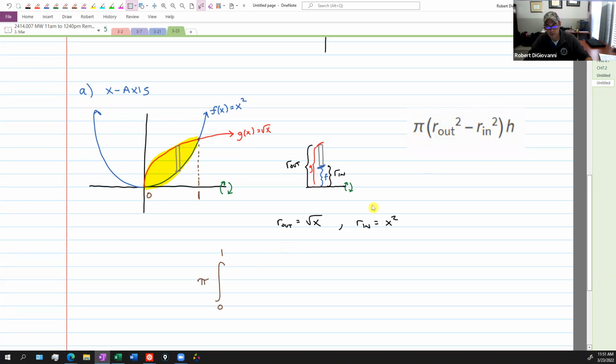It can come out. My outer radius was the square root of x, so I take the square root of x and square it, minus the inner radius squared. That's x squared, squared. And h is always going to be the thickness of that washer, which was dx.